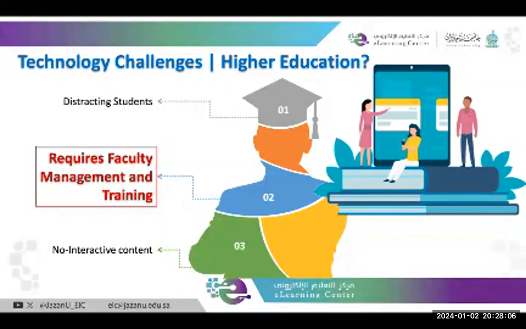Entertainment could be 30 minutes or 1 hour, but it could not be for the full day. So management is required here, and training for your child: okay, fine, you have to study at this time, and you have to achieve this target by using this technology.